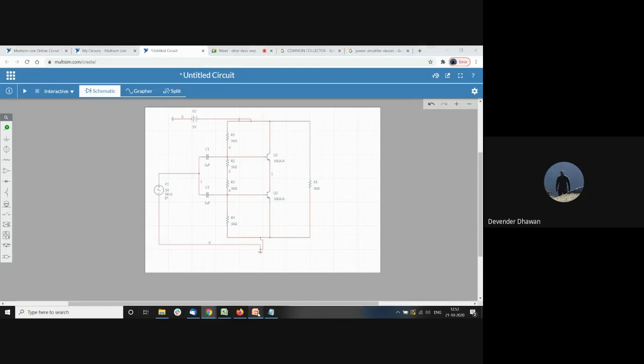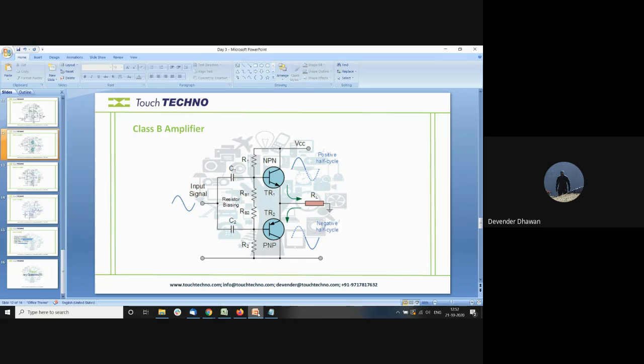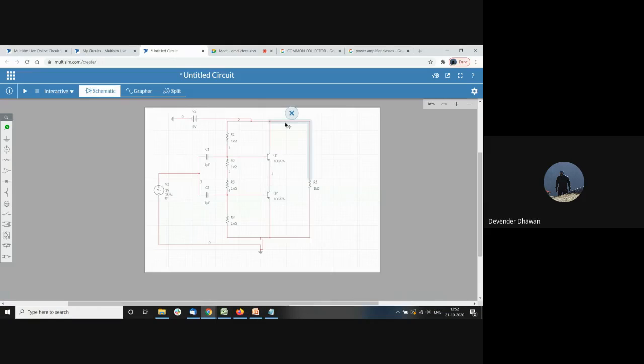Let us just check if it is okay. There is one load resistance from here. Oh, I connected it; this has to be here.